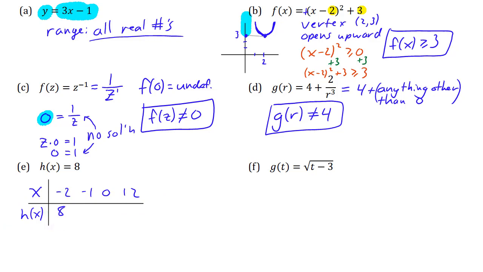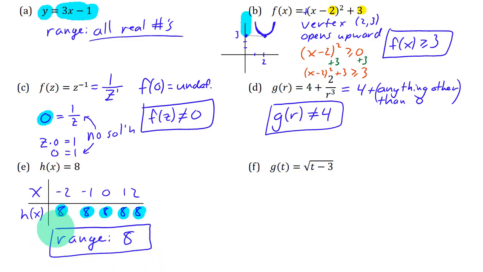If you plug in negative 1, the result is 8, and so on. So what are the h of x output values you get? It's 8. So the range is just 8. Or you could say h of x is equal to 8, and that's fine too.